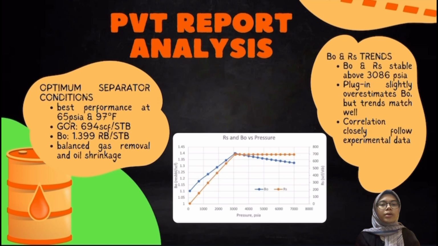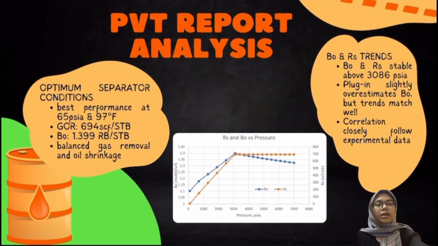At the bubble point, BO reaches a maximum value of 1.399. Below the bubble point, BO declines non-linearly, reflecting increased compressibility. The plug-in shows a slightly higher BO than experimental values, but follows the same shape, and the correlation closest matches both trends.